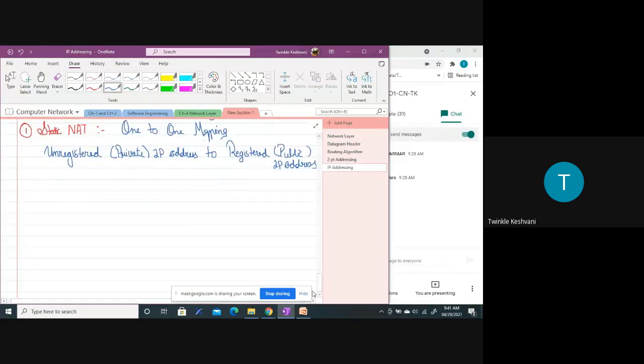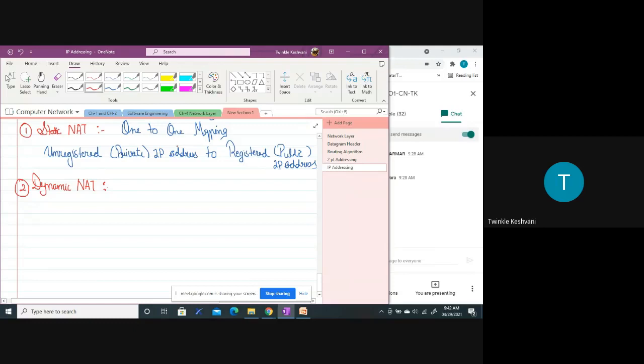Then next is dynamic NAT. In dynamic NAT, the unregistered IP address will be translated into the registered IP address.